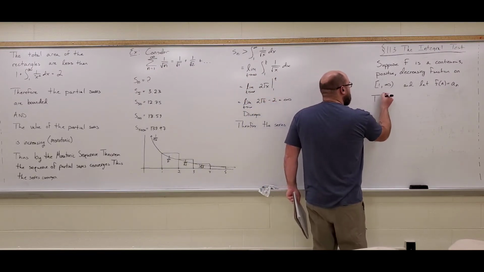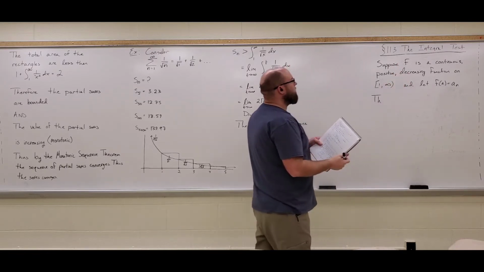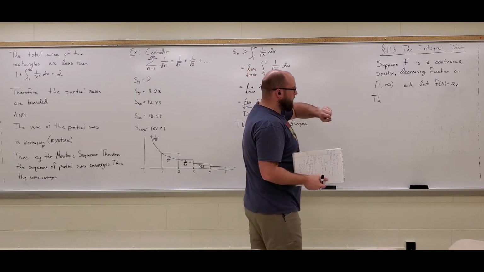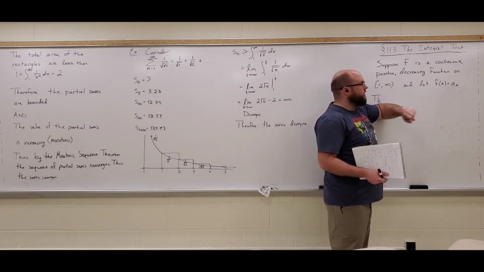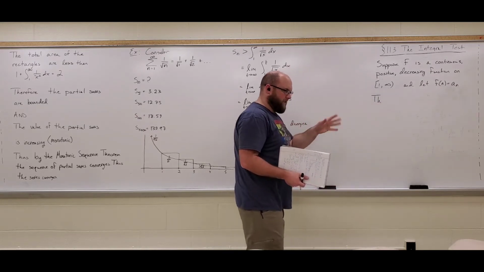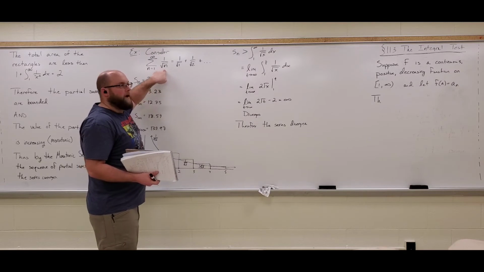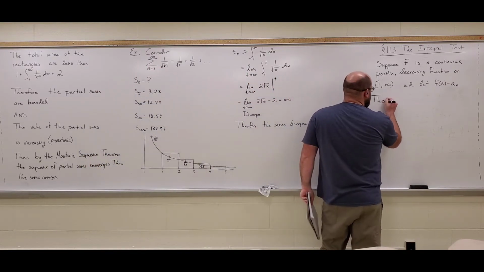Then, once we have satisfied these several hypotheses, that we have a continuous positive decreasing function on an infinite interval, and we have that the function is equal to the series, and that's easy to come up with, since for the most part we could just plug in an x for every n that we see, then we have two cases.